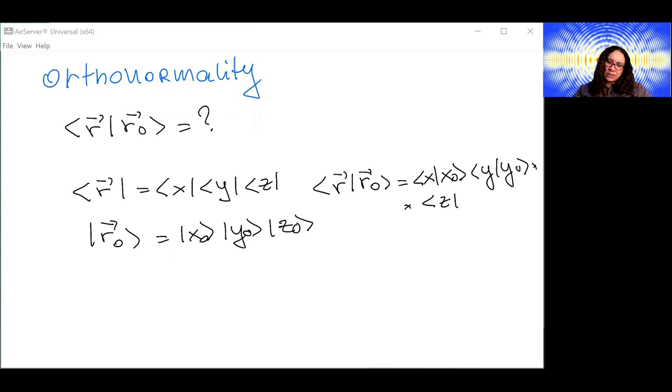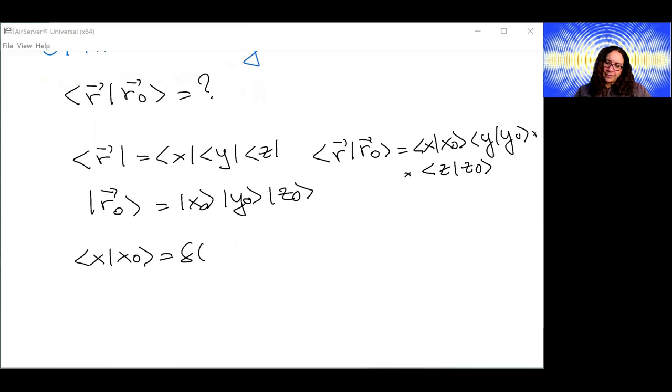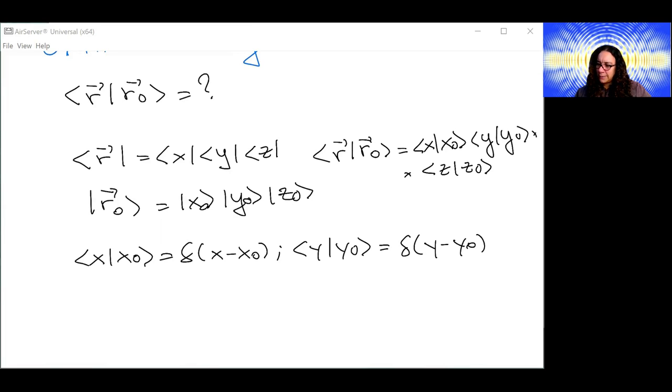Now note that the inner product of x with x naught is going to be delta of x minus x naught, y with y naught is going to be delta of y minus y naught, and the inner product of z with z naught is going to be delta of z minus z naught.